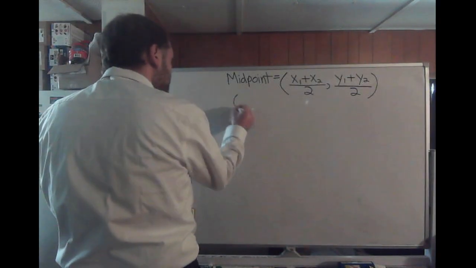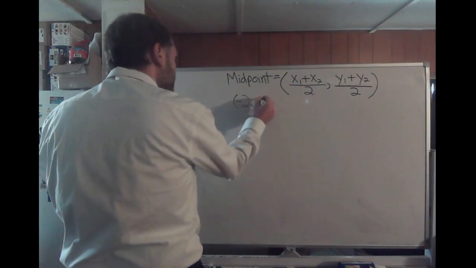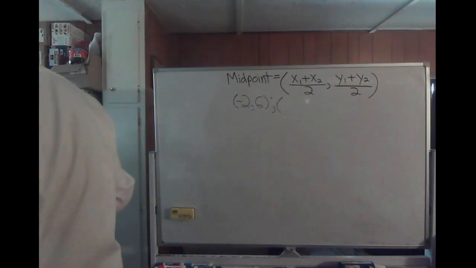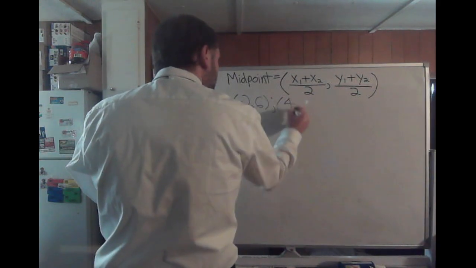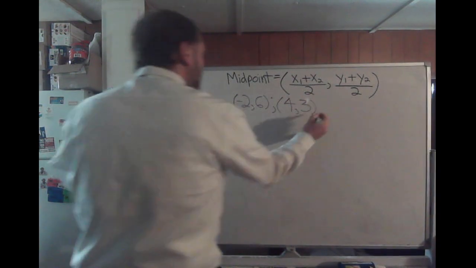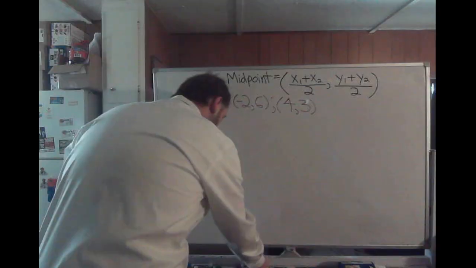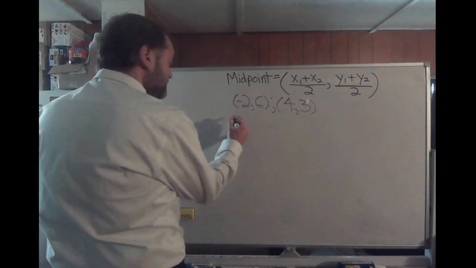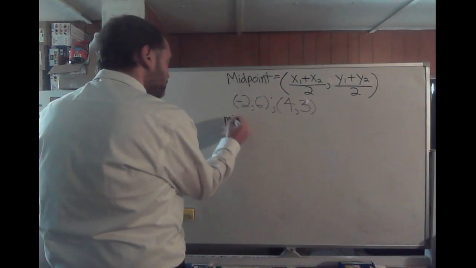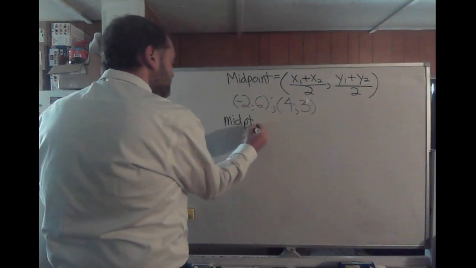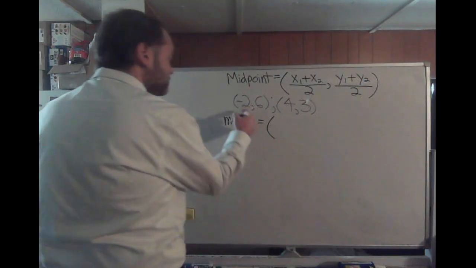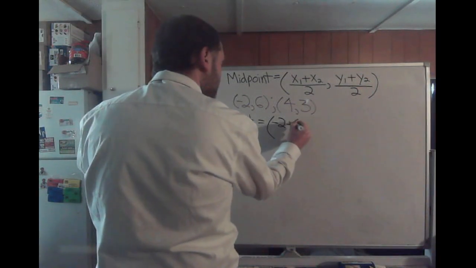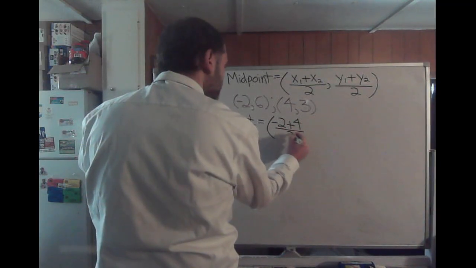Alright, let's say this time you have the points -2, 6 as well as 4, 3. So you have the ordered pairs -2, 6 and 4, 3. Let's find the midpoint. So the midpoint, of course, would be equal to your first x coordinate of -2 plus your second x coordinate of +4, all that divided by 2.